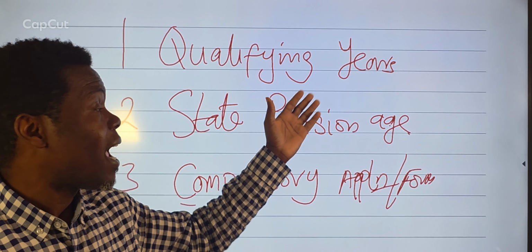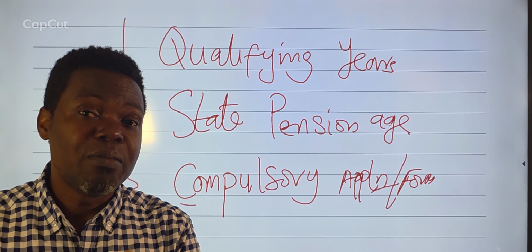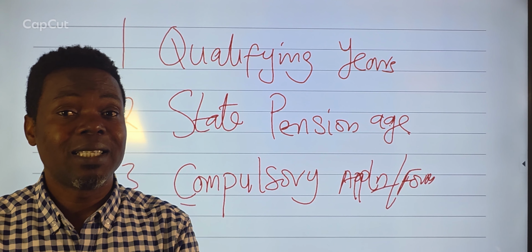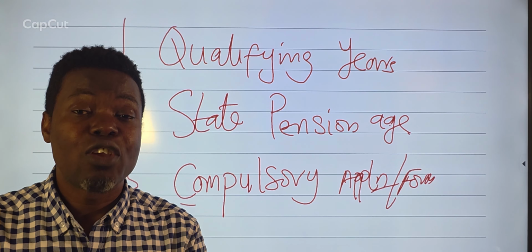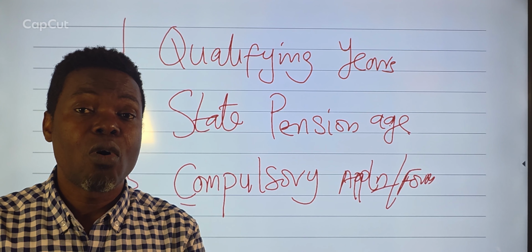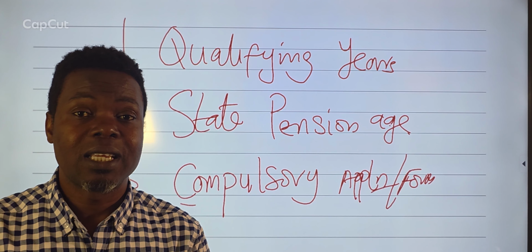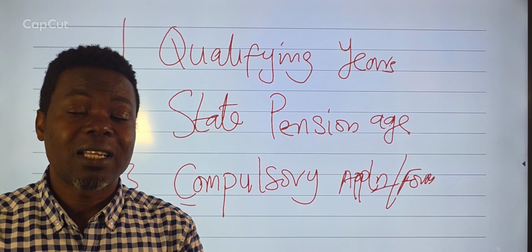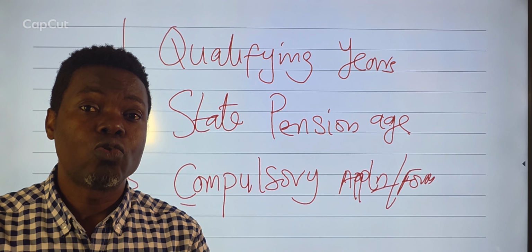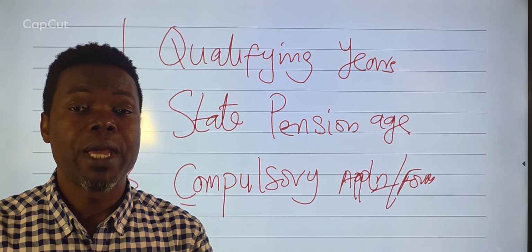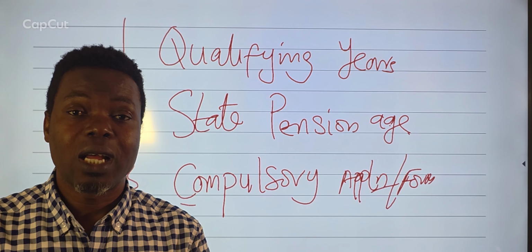Now, the qualifying years, we have only looked at the minimum years, which I said is a minimum of 10 years. That you must have contributed a minimum of 10 years. But the maximum number of years is 35 years. The reason for this is that 35 years qualifies you to be receiving the full payment. It is very simple and understandable.